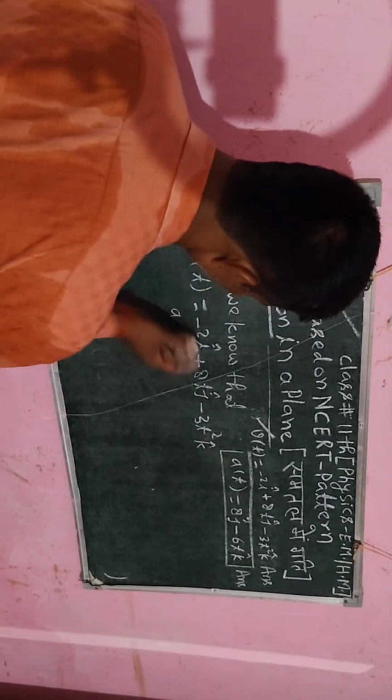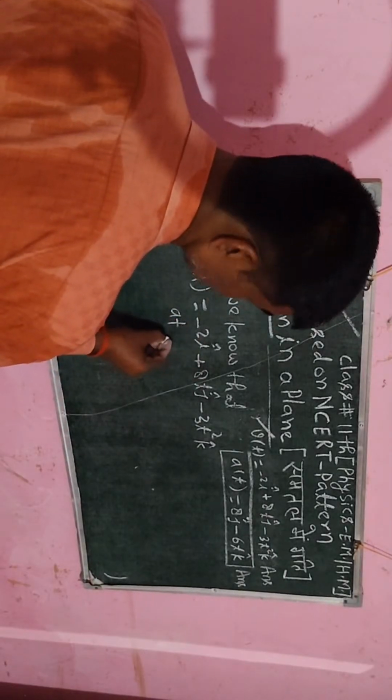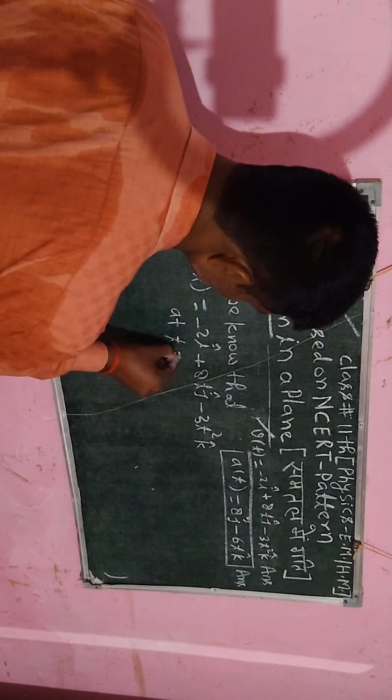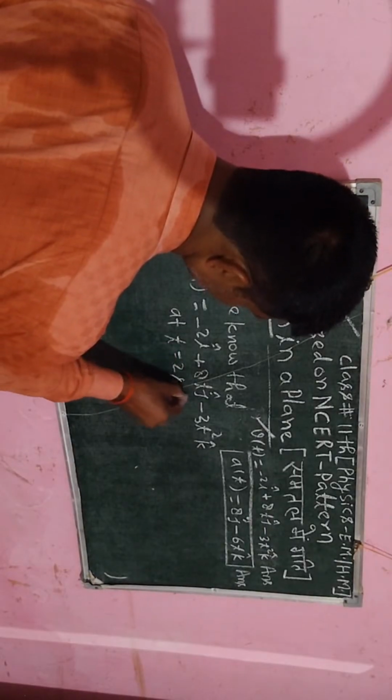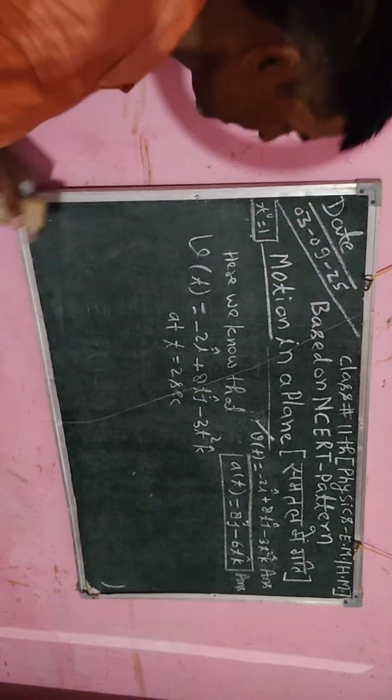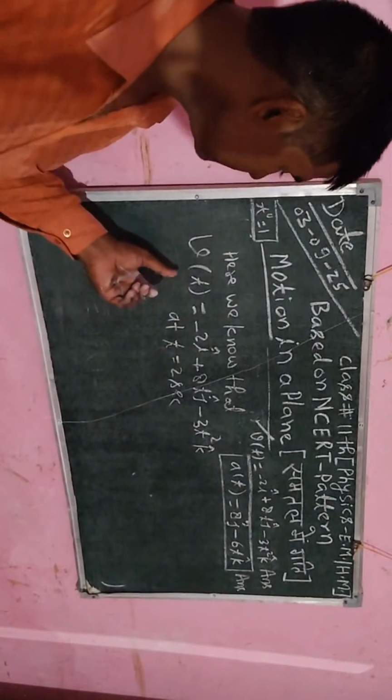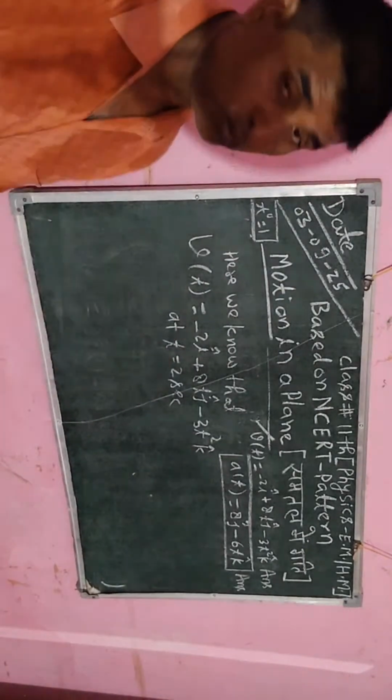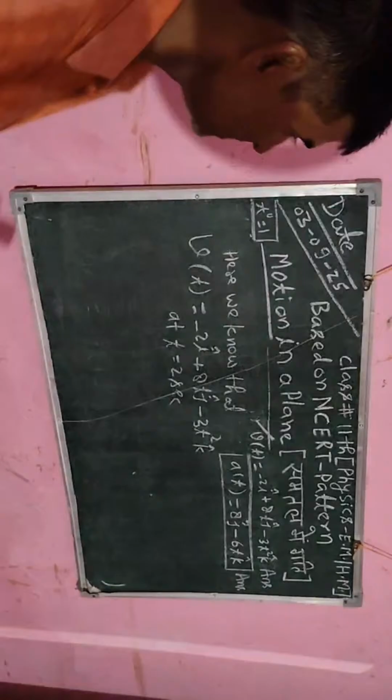We have to find the velocity vector at t equal to 2 seconds. So in the place of t I have to put 2 for getting the velocity vector.